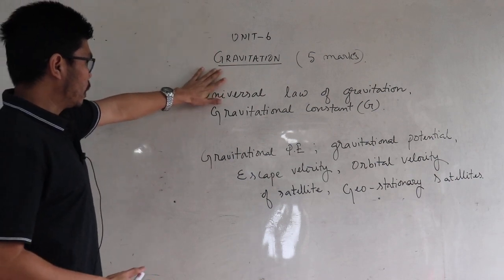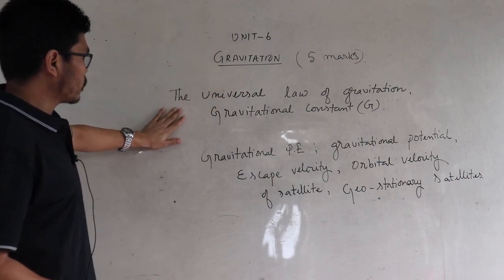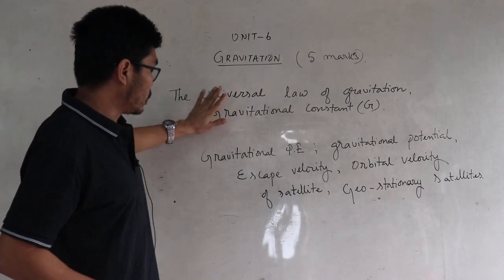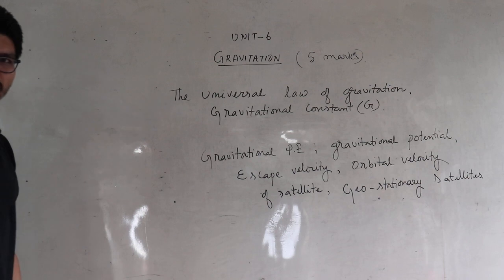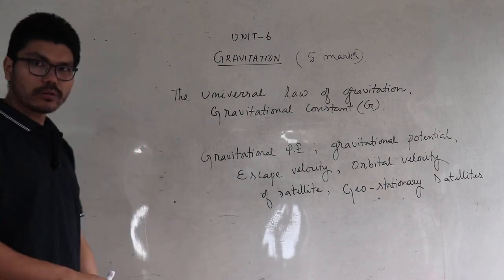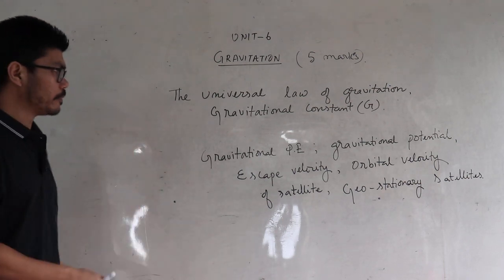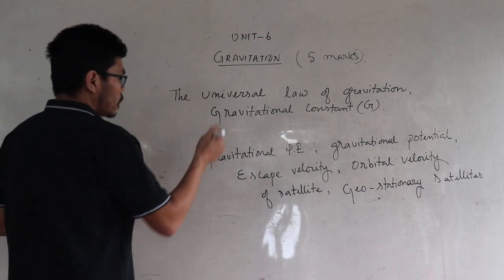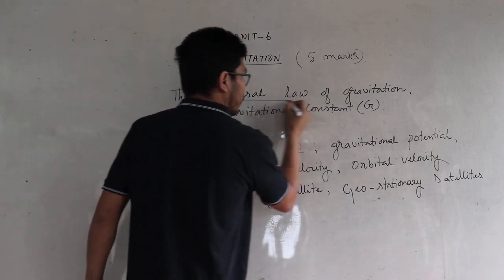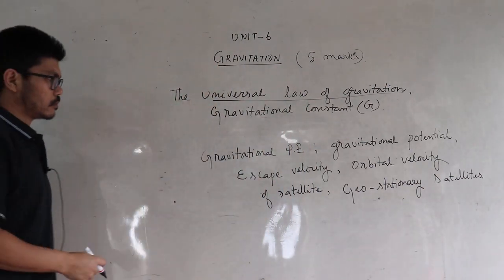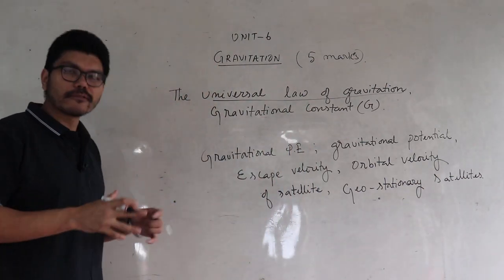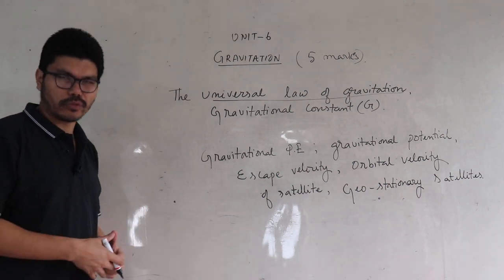Now let us see. In this unit, we'll be talking about the universal law of gravitation, and the second one is the gravitational constant G. I'll go through all this syllabus briefly. In the universal law of gravitation, what are you going to learn? You are going to learn the attractive forces that bind all bodies together.